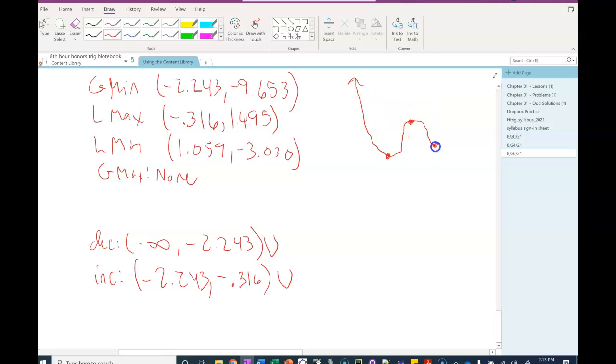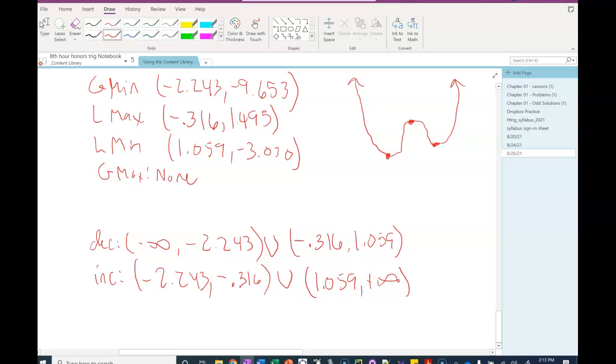So I go decreasing again. So I go from the x-coordinate of my local max to the x-coordinate of my local min. And then from there, that's the last thing, so it just must continue on up to complete the valley for that local minimum. So we'll start at that local minimum and proceed to positive infinity.